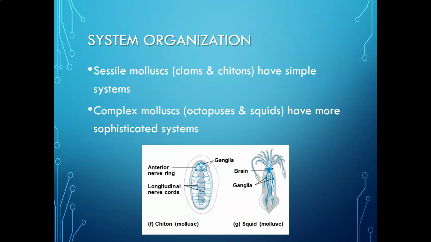And then they've got longitudinal cords branching off from there. We look at your more complex mollusks, things like octopi and squids. These guys are considerably more intelligent just based on the way that their system works. They also have some more sophisticated systems as a result. So they do have a true brain, and then they do break off from there into nerve cords and ganglia as well.